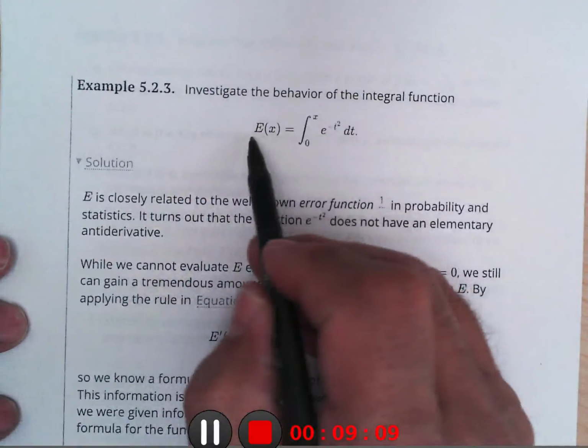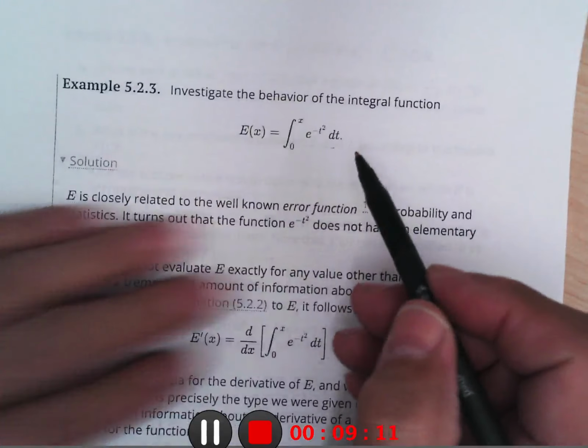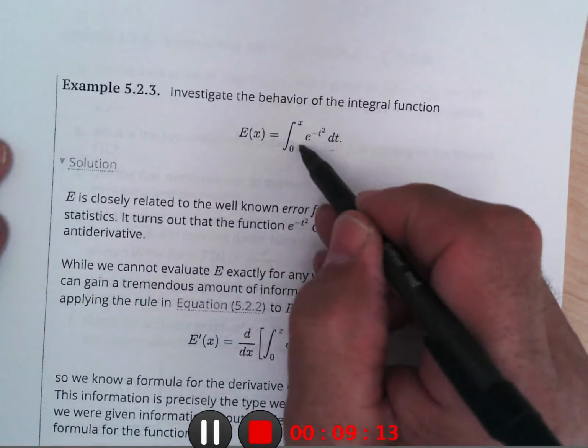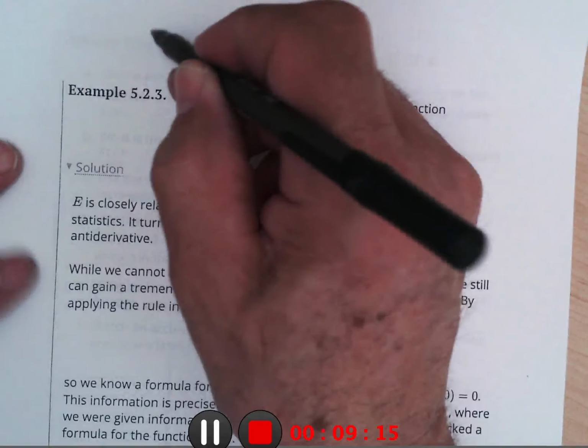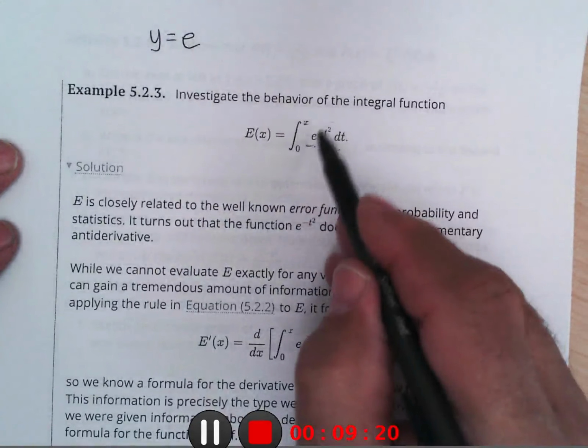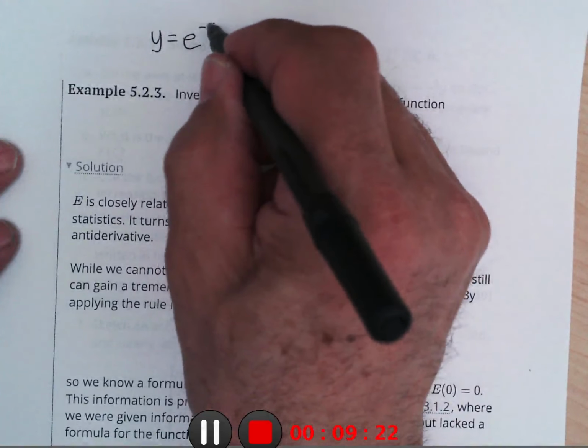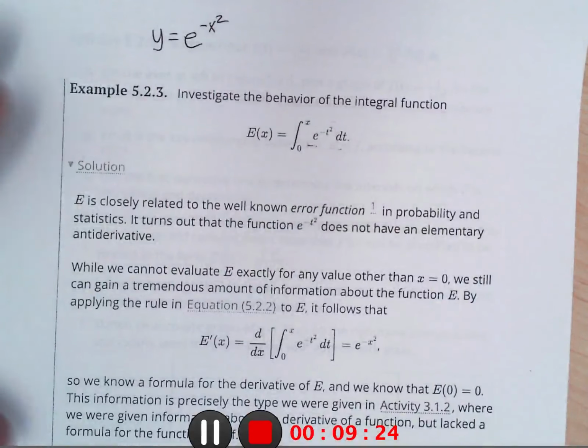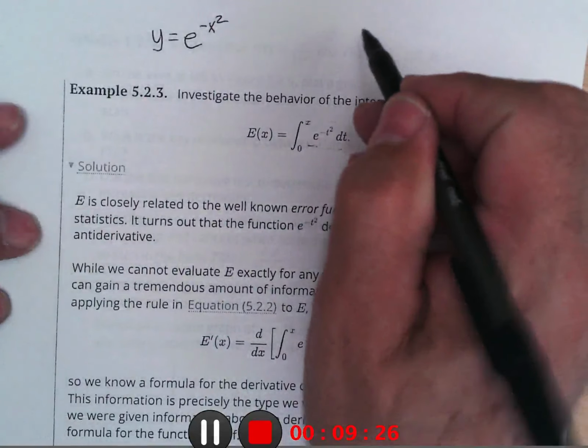Next thing we did, and this is on today, on Monday the 31st, we looked at this one. And I asked the class to just graph this. Graph y equals e to the, and I said make it negative x squared. And so, what does that look like?